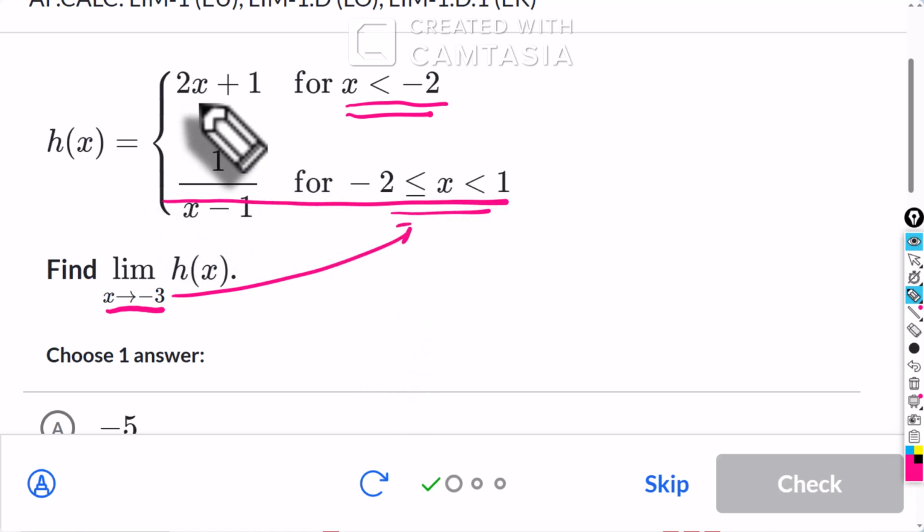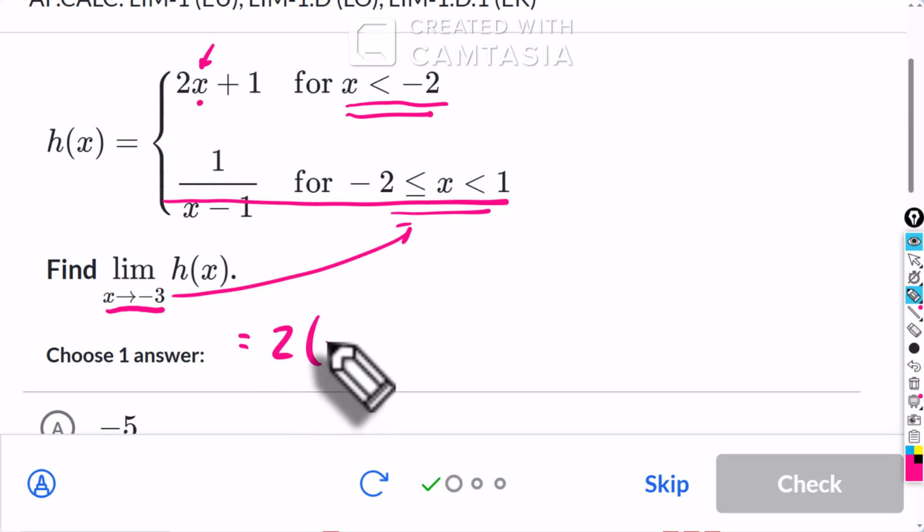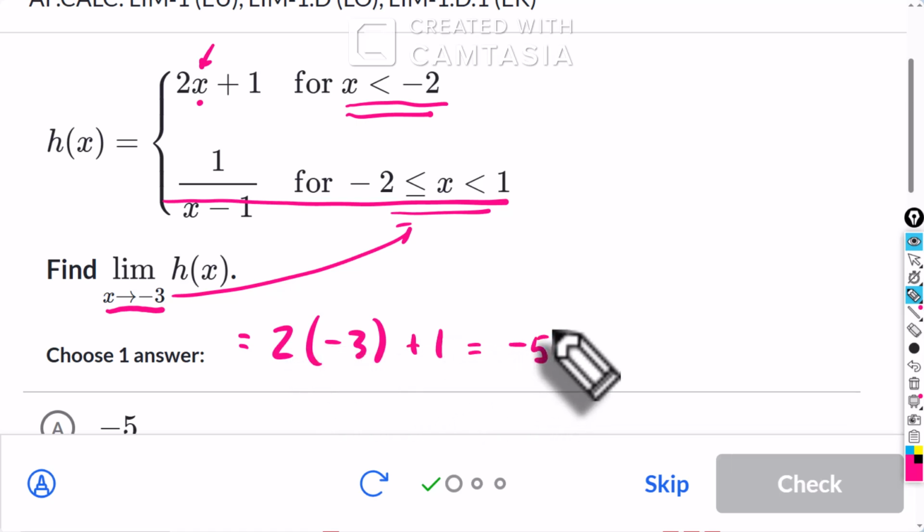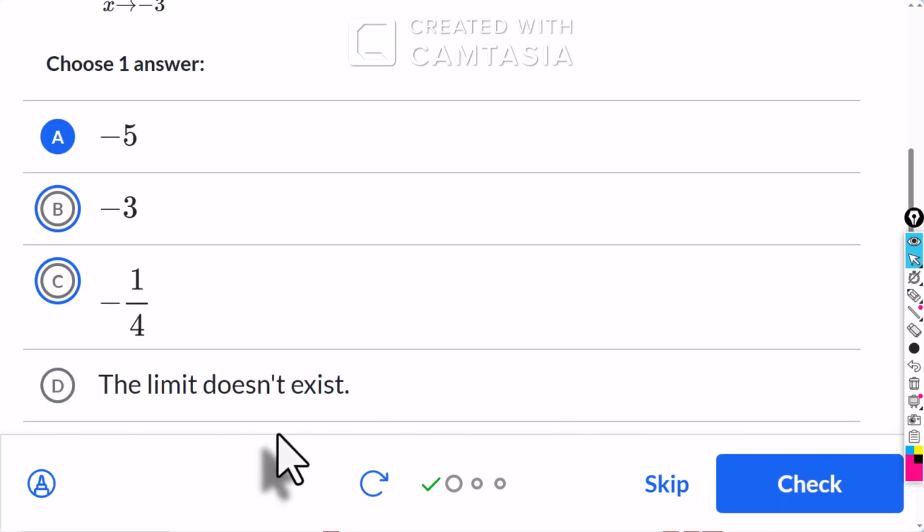We're going to sub in -3 right there in place of x. All right, so that's going to be 2 times -3 plus 1. And -6 plus 1, of course, that's just -5. Simple. Answer A.